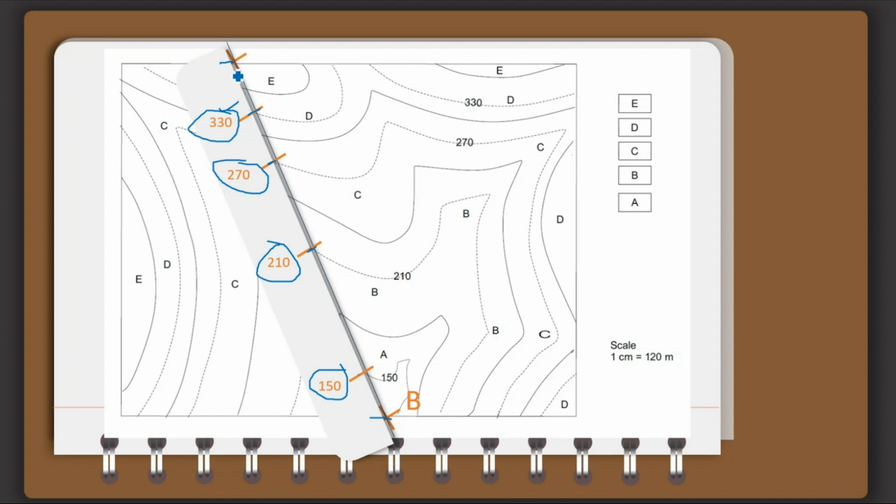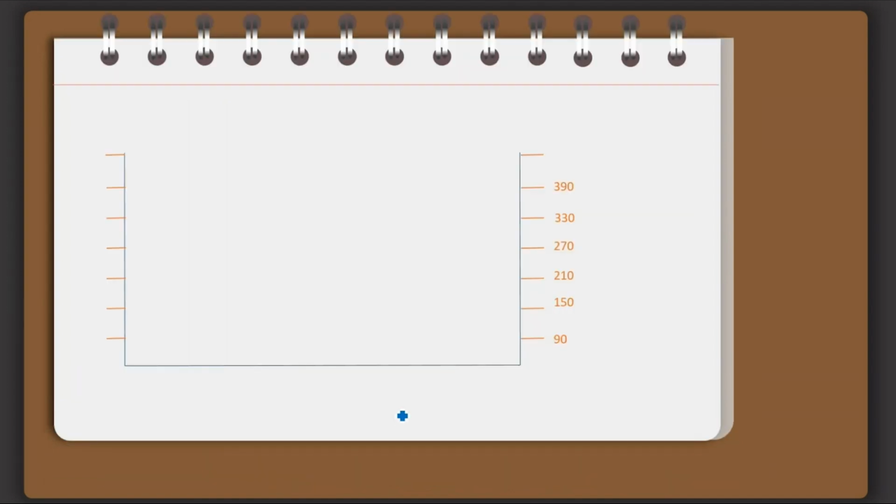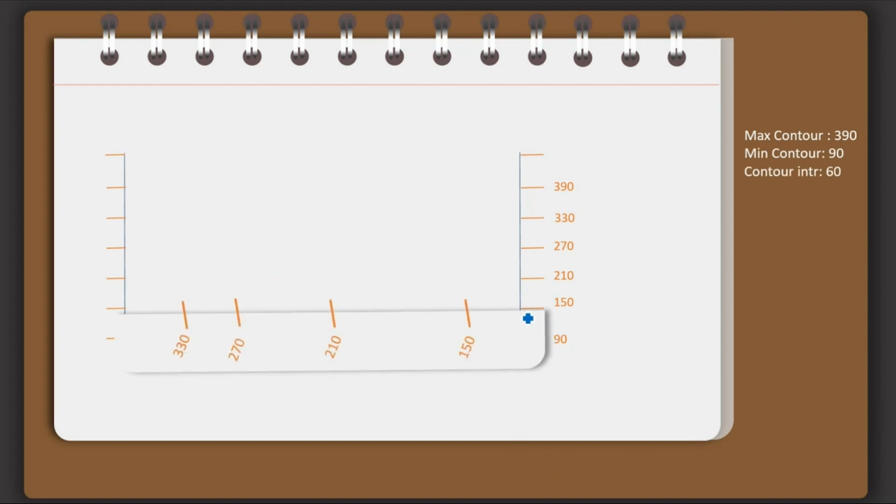Now I will take this strip of paper and keep it in the section, making sure that this is A and this is B. The length of line AB should be the same, and I keep this strip on the cross section.